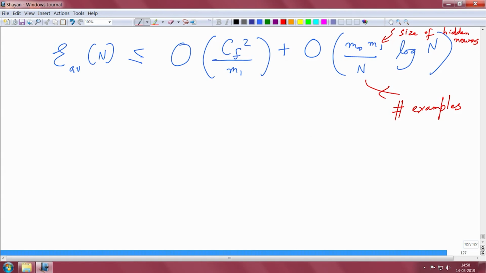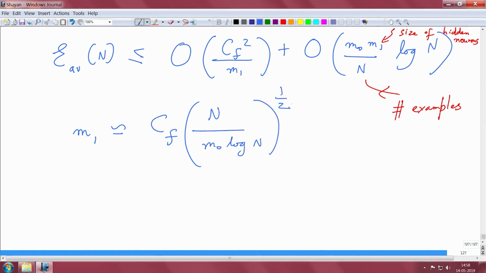What stems from this bound is this quantity m1, which is approximately C_f times the square root of N upon m0 log N. So what does this mean? That there is a dependence between the rate of this error and the input dimension.